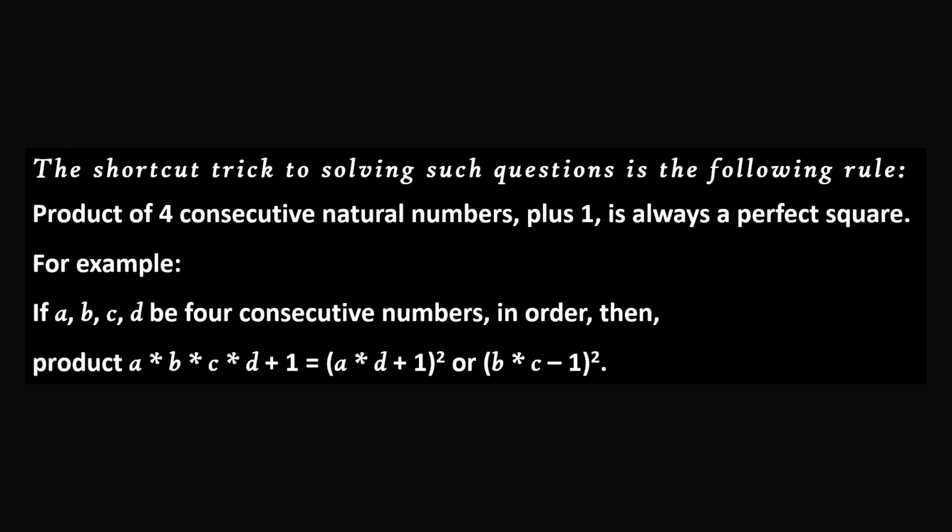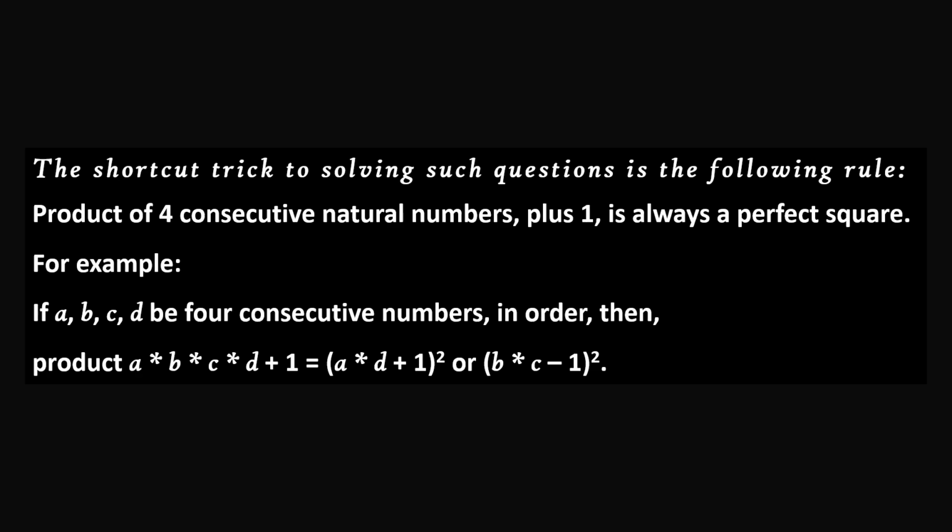Trick to solving this problem in 2 or 3 seconds. The shortcut trick to solve such questions without multiplying all the four quantities: you have to remember one rule, that is, the product of four consecutive natural numbers plus 1 is always a perfect square.